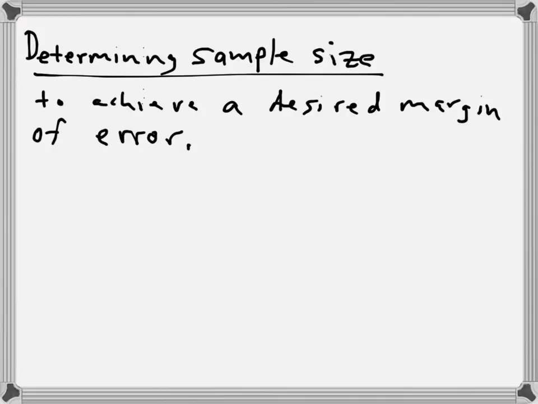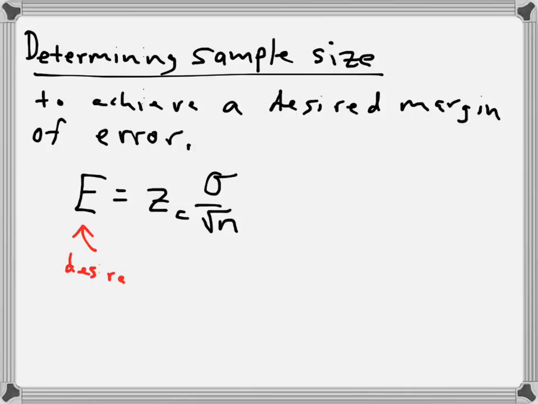Well, luckily we know that the margin of error for our z intervals is this guy here again, the critical value of z times the standard deviation of the population divided by the square root of n. So this is going to be our desired margin of error.